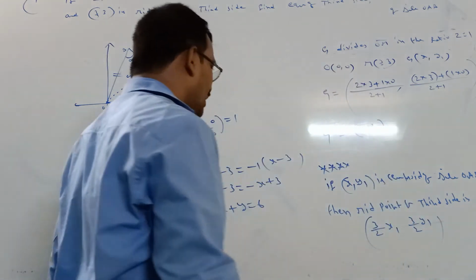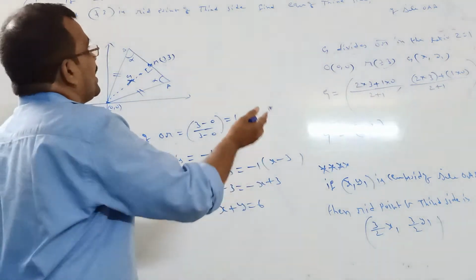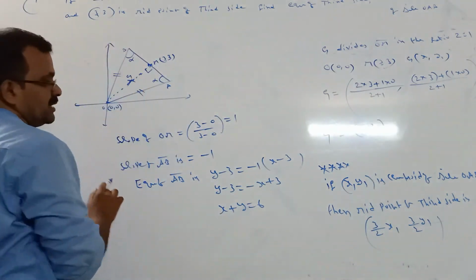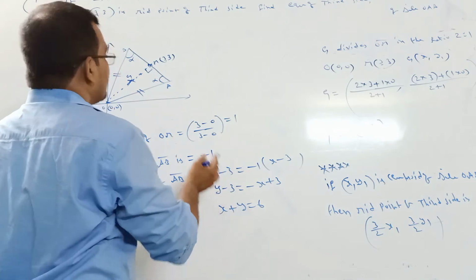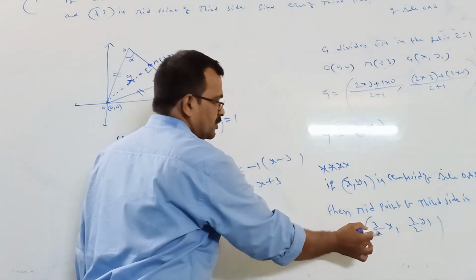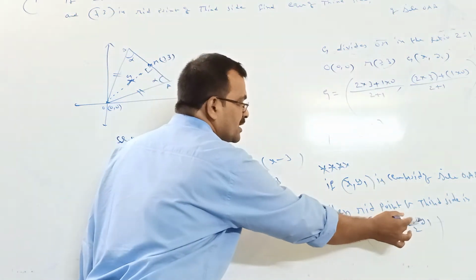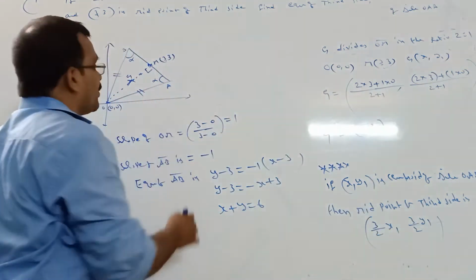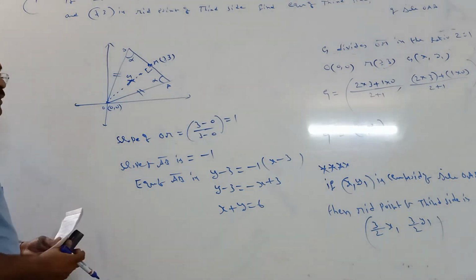This is the midpoint of the third side. Once you apply this formula for this question, obviously you get (3, 3). Here the centroid is (2, 2), so 3 by 2 into 2, the 2 cancels, giving 3. 3 by 2 into 2, the 2 cancels, giving 3. Then you get the midpoint of the third side, (3, 3).